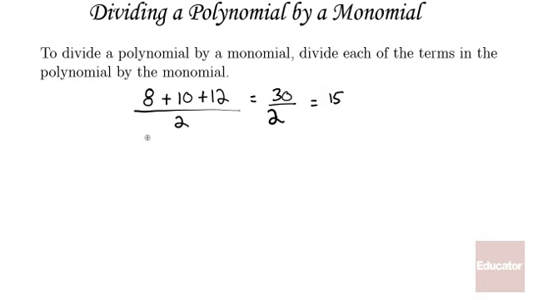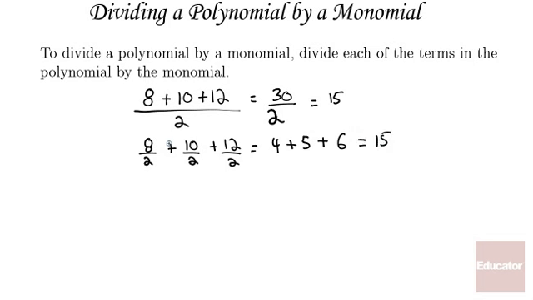Another way to accomplish this would be to say 8 divided by 2 plus 10 divided by 2 plus 12 divided by 2 gives 4 plus 5 plus 6. Again, 15.